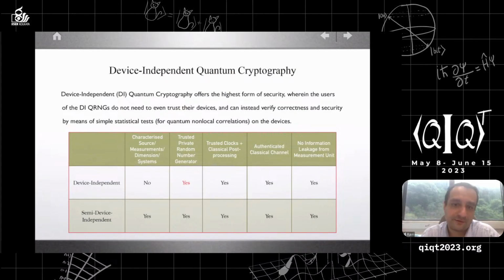It's the highest security, where we do not have any trust on the state or the measurements or the dimension.